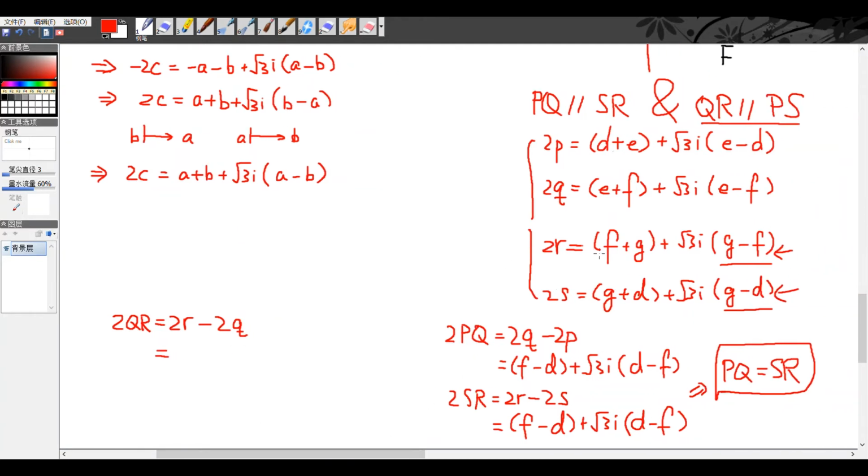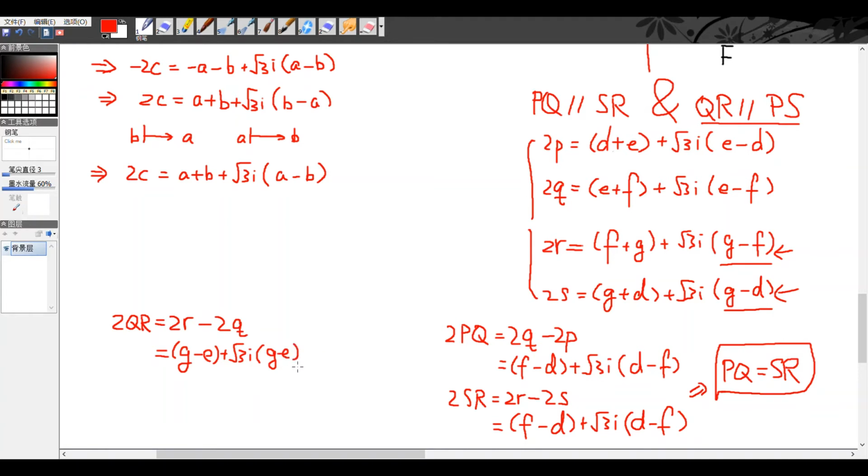2R minus 2Q is just, so F terms are all eliminated, so we have G minus E plus the square root of 3i times, let me see, R minus Q, all F terms are eliminated, so we have G minus E again.